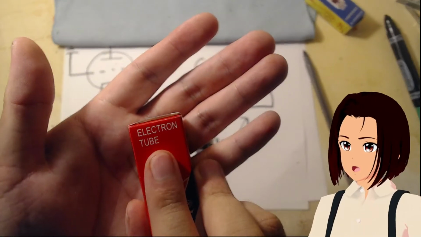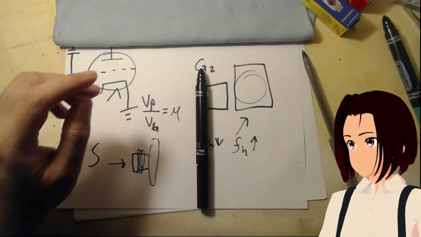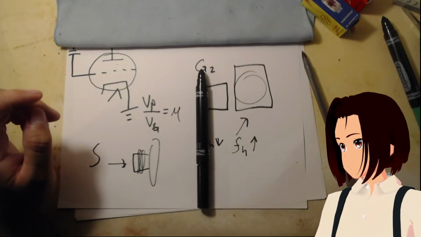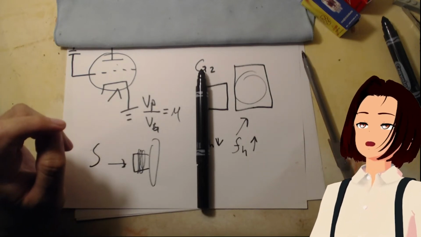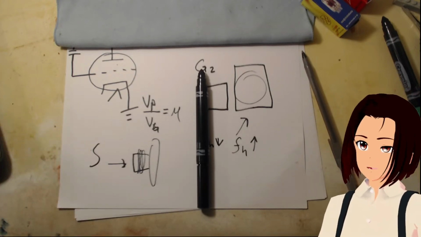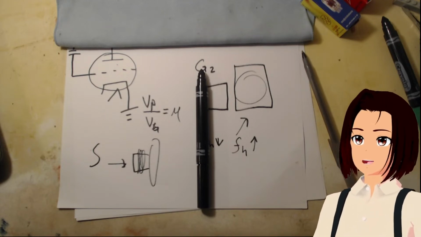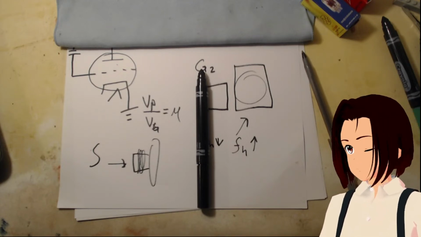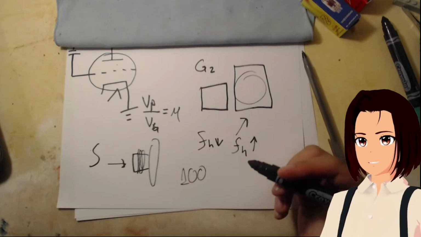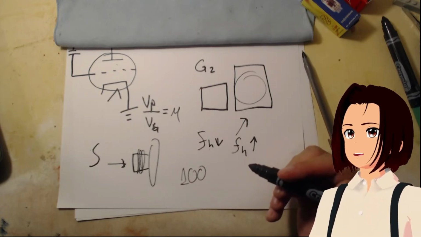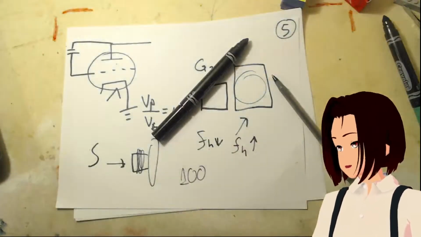It says electron tube. No, it's not that big. The answer is that it's 100. That's pretty big, but you can't go bigger than that. If you try, you're going to have problems. I'll tell you the problems.